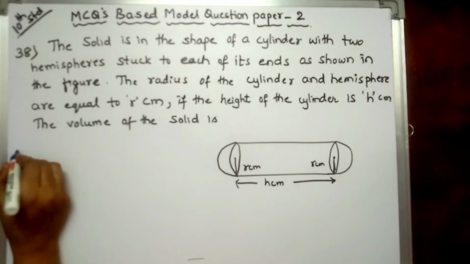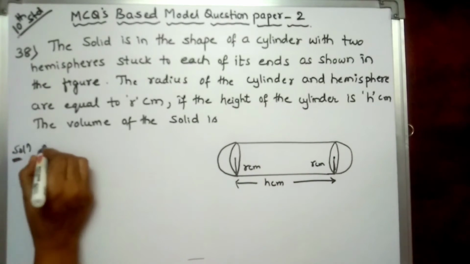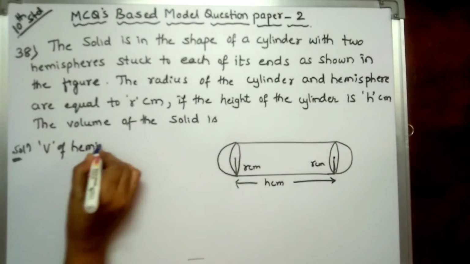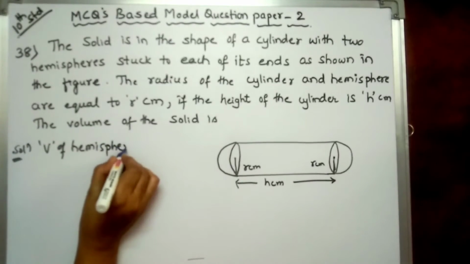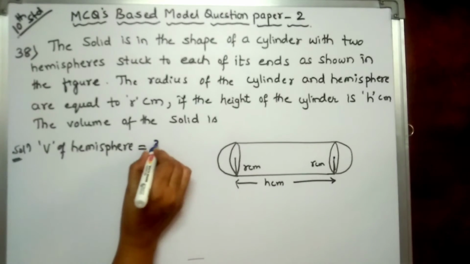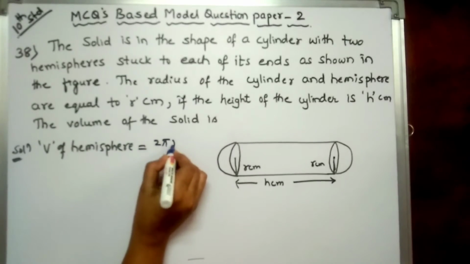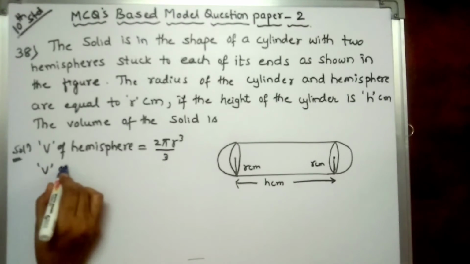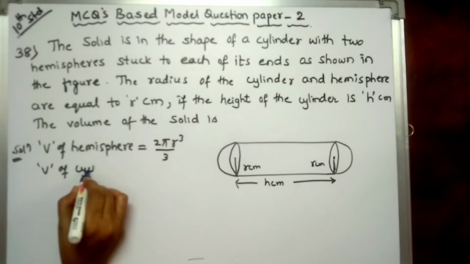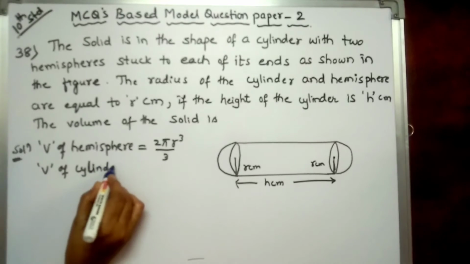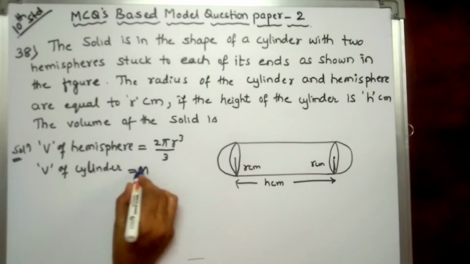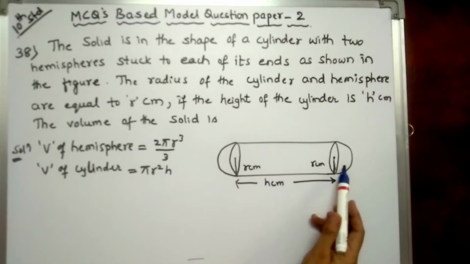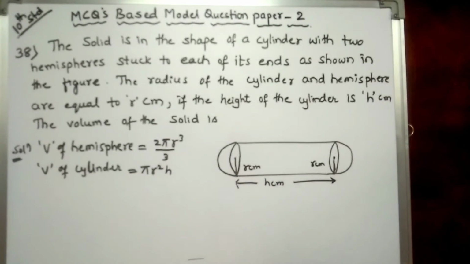So write down the volume of the hemisphere. Volume of hemisphere is 2 pi r cube by 3, and volume of cylinder is pi r square h. Yes, it is the combination of two hemispheres and one cylinder.